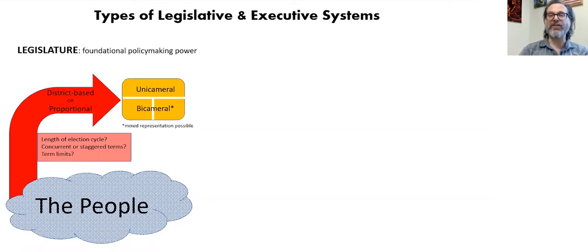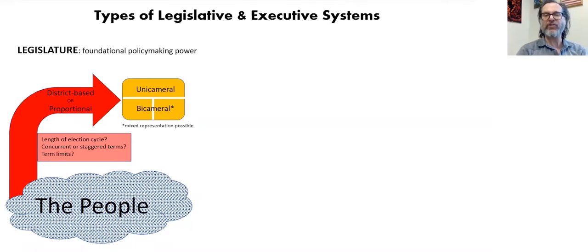Again, if there are concurrent or staggered terms, then the turnover in the legislature is different. If you have concurrent terms, if you have a unicameral legislature where everybody's reelected every 2 years, that means the entire body of the legislature can be transformed. If you have staggered terms, then the design can limit the turnover to some fraction.